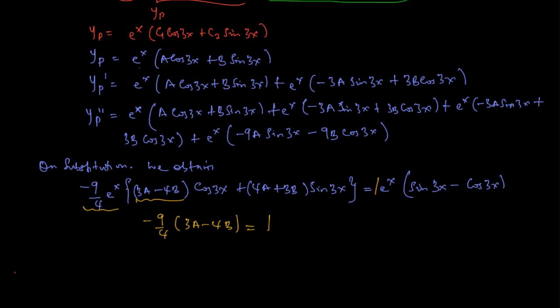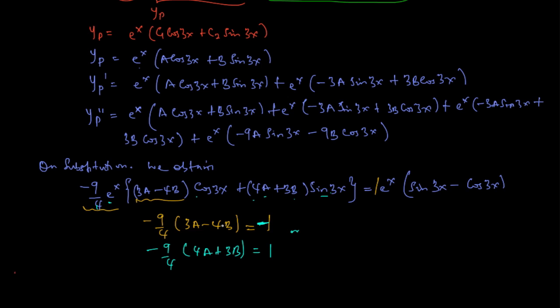Similarly, the coefficient of e to the power x sine of 3x is 4a plus 3b times minus 9 over 4, while the coefficient on the other side is 1.